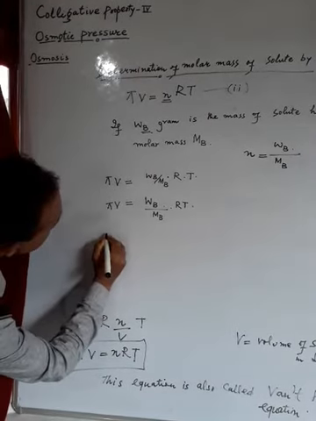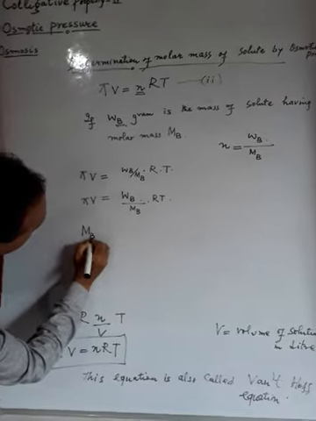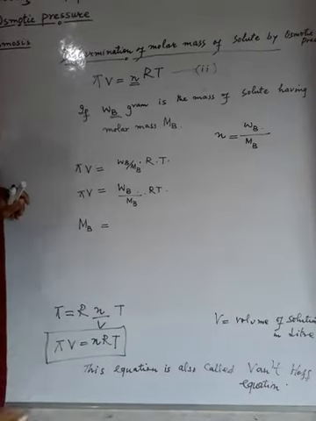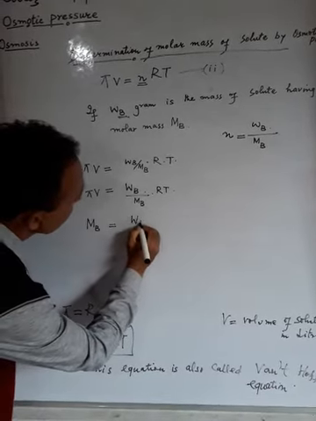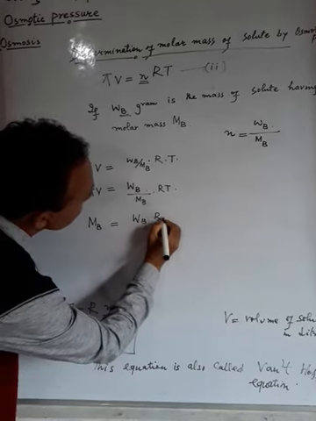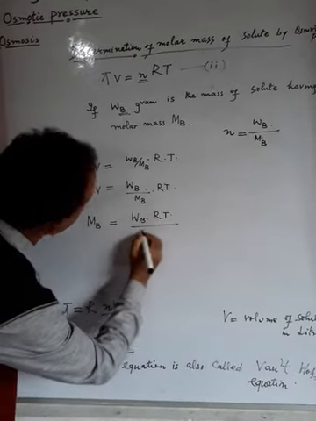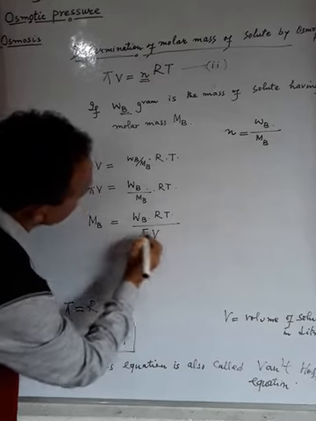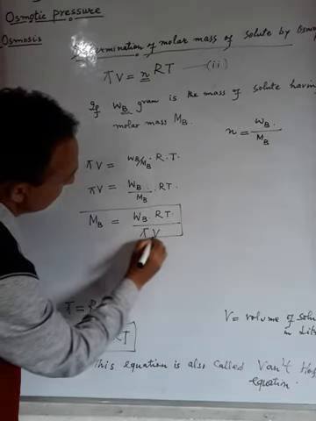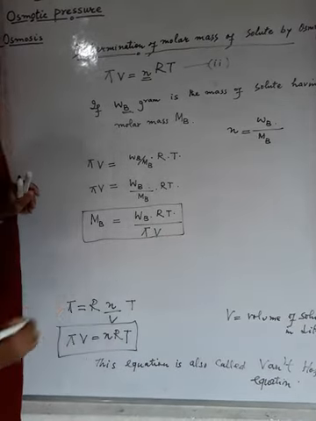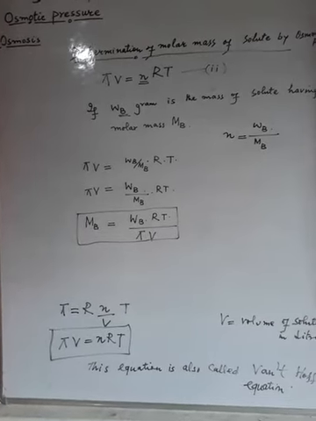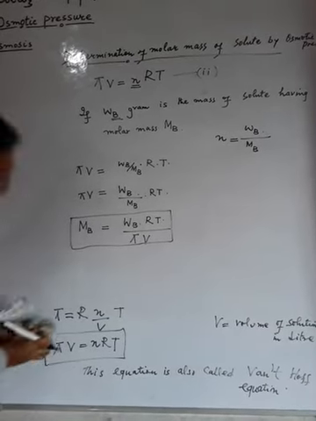So MB will be equal to WB RT divided by pi V. This is the equation for determining the molar mass of non-volatile solute.